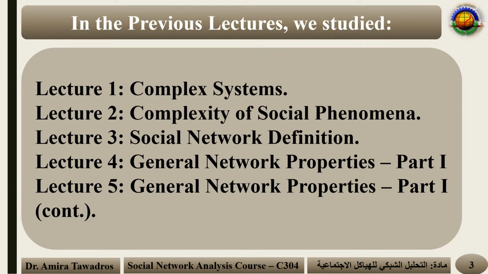Let's start with a brief review of what we have studied in the previous lectures all over the semester till now. In the first lecture, we studied the concept of complex system, and in this regard, we discussed together what is a system, and we said that a system is a set of interrelated components.